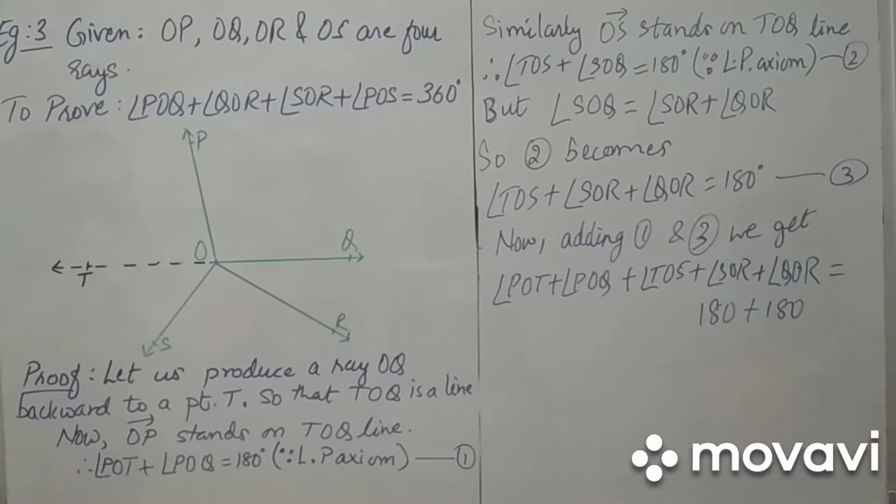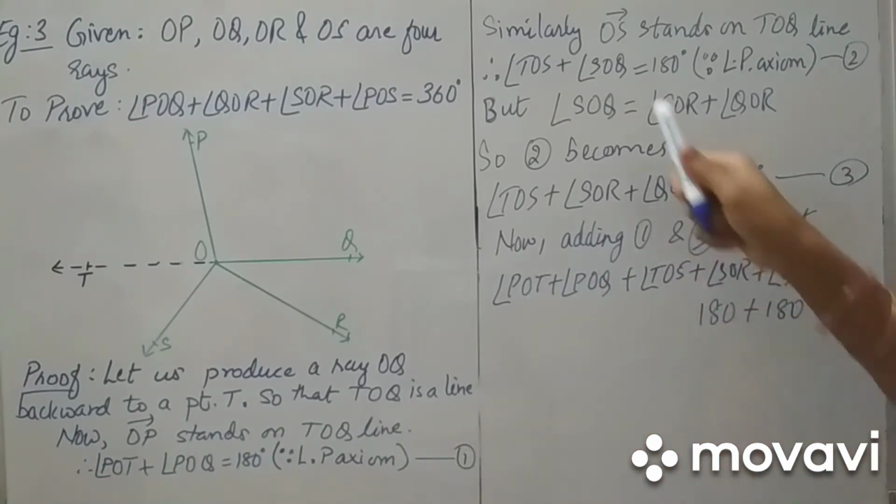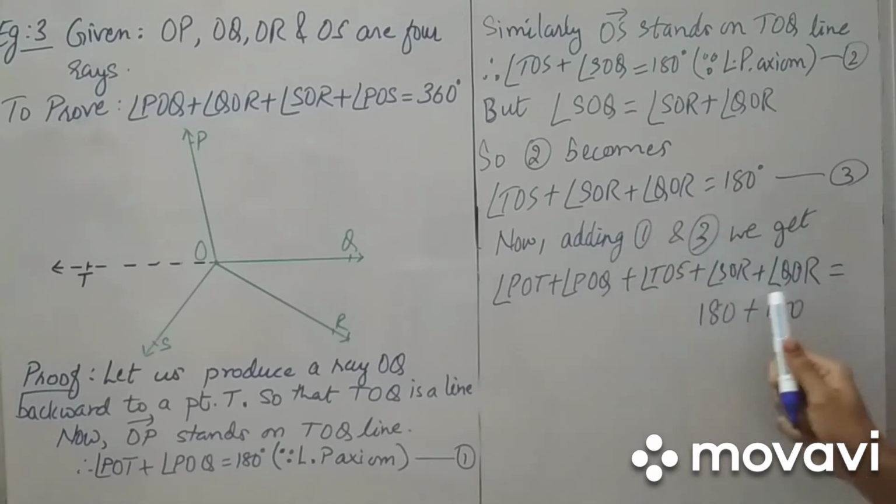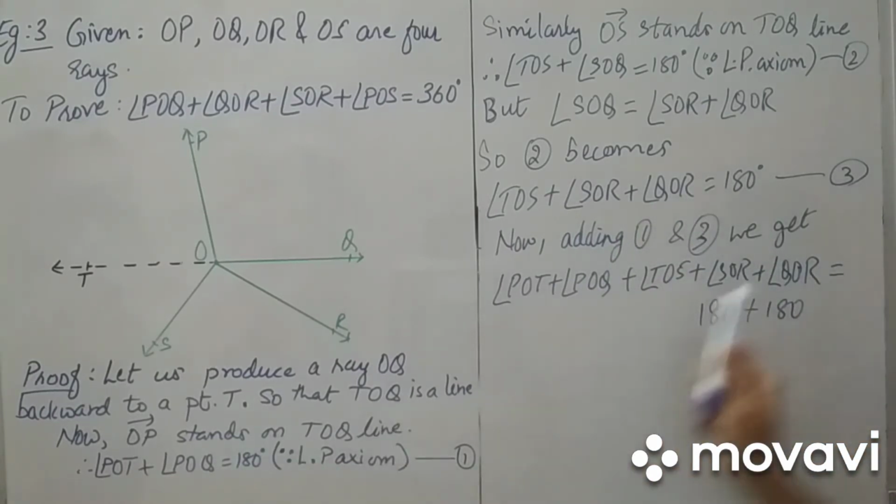So the right side is added all together and the left side is added all together. You can see in the first one POT plus POQ, and in the third one TOS, SOR and QOR. These 3 are there. Right side is 180 plus 180.